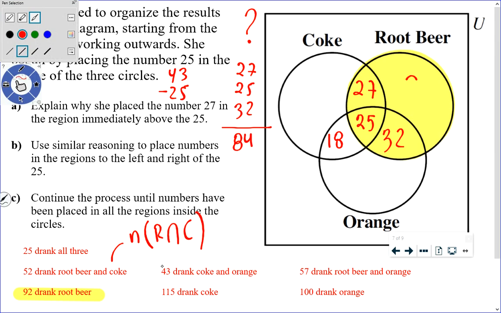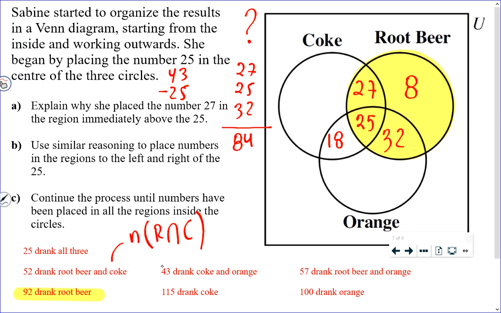And you can just do a check along with me right now. 8 plus 27 plus 25 plus 32 better give me 92. It does. Now what about, and again, don't worry about different colors for different regions. I'm just going to talk about the Coke now. That's this region. That has to be 115.